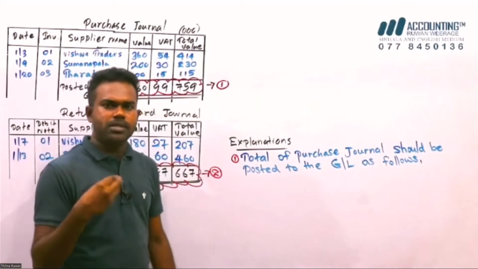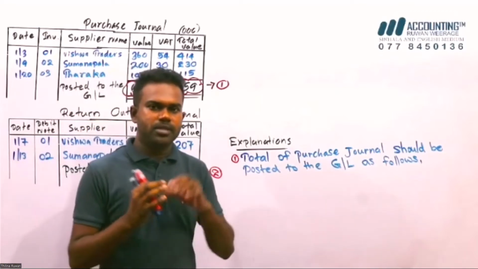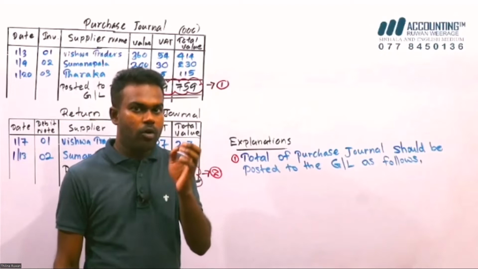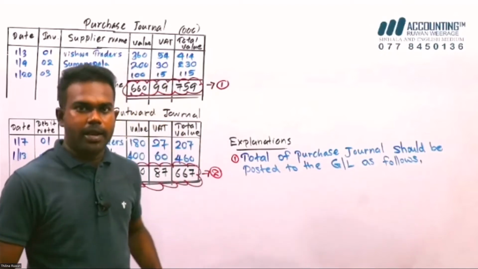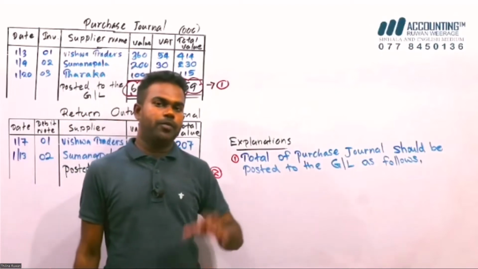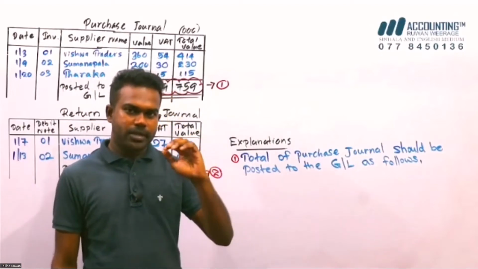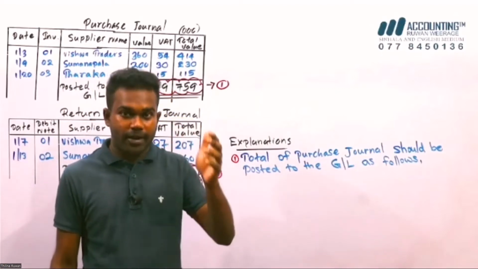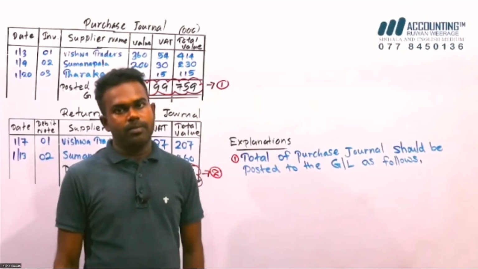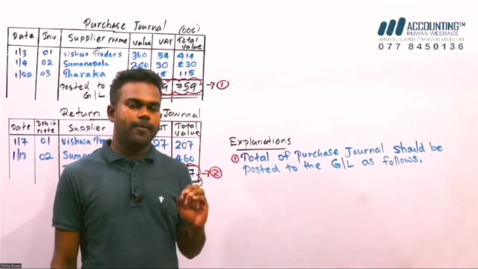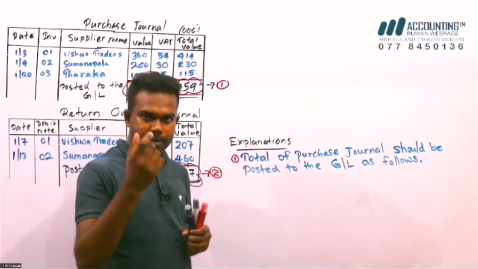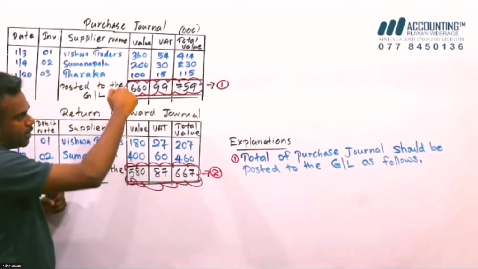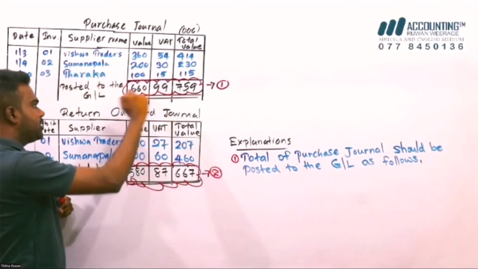So can you tell me whether this business has registered for VAT or not? Registered, right. Did you remember, if the business has registered for VAT, what happened? Look at the purchase value here. How much is the actual purchase value? 660 rupees.